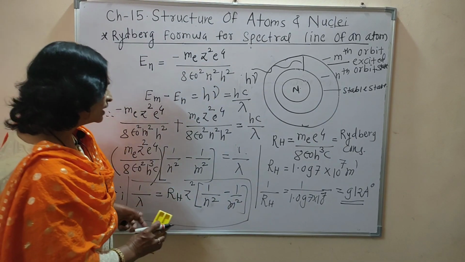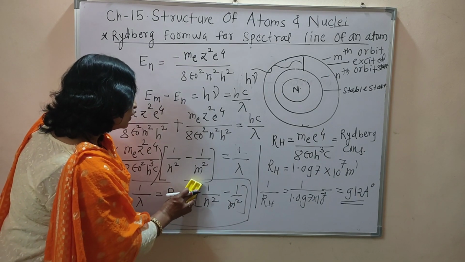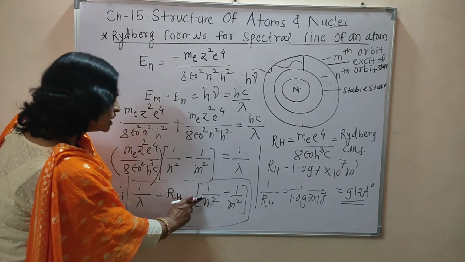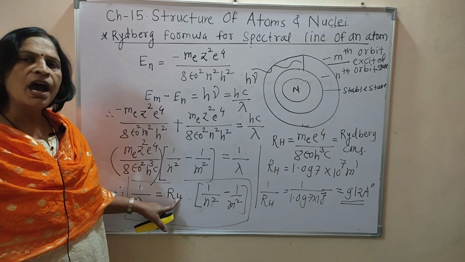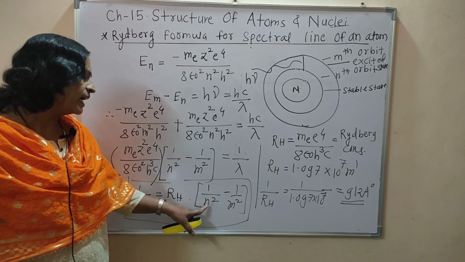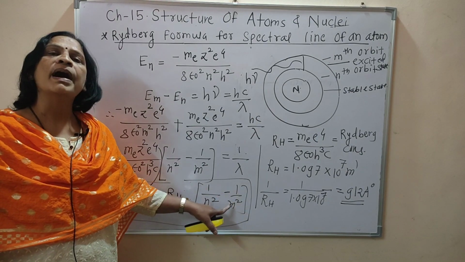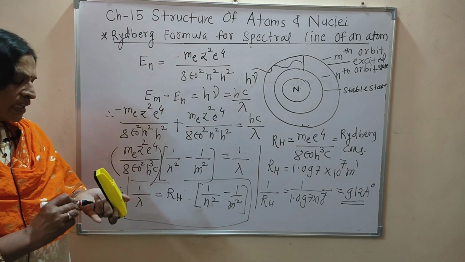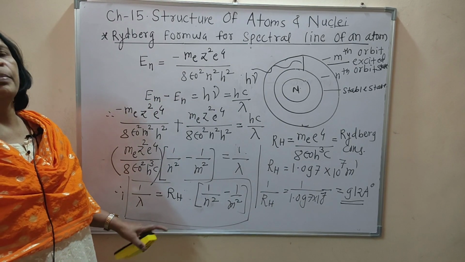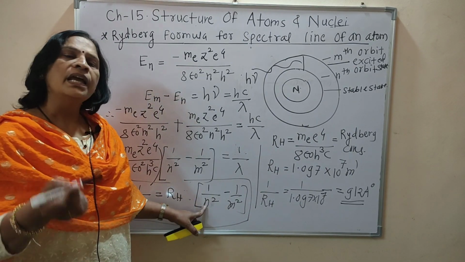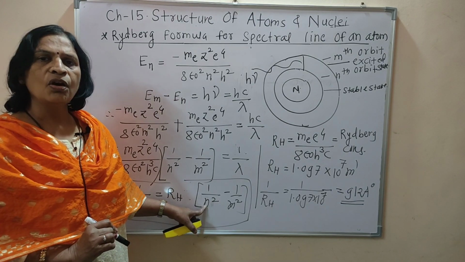For a hydrogen atom, Z is equal to 1, and therefore for hydrogen atom this formula becomes 1 by lambda is equal to RH into 1 by n square minus 1 by m square. Always keep in mind that m is the higher energy orbit and n is the lower energy orbit.